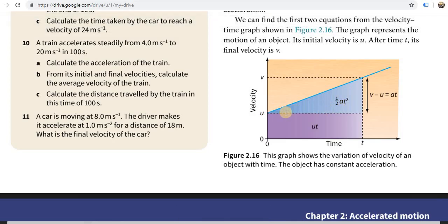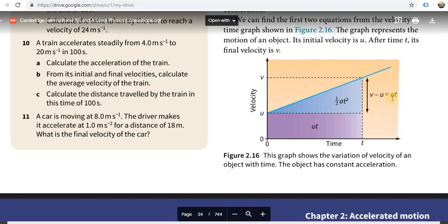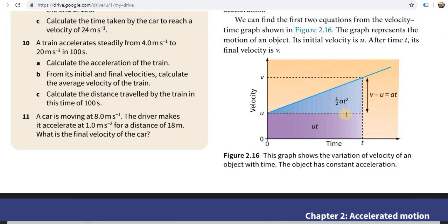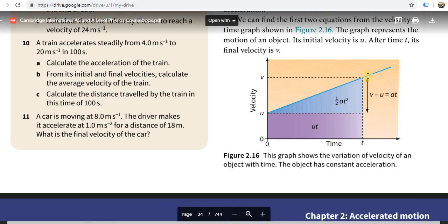Half into base is t, into the height, which is v minus u, and v minus u is at. So it will be half into t into at, which is half at squared. That's how they substitute for this length v minus u with at, and that's how you get this one.